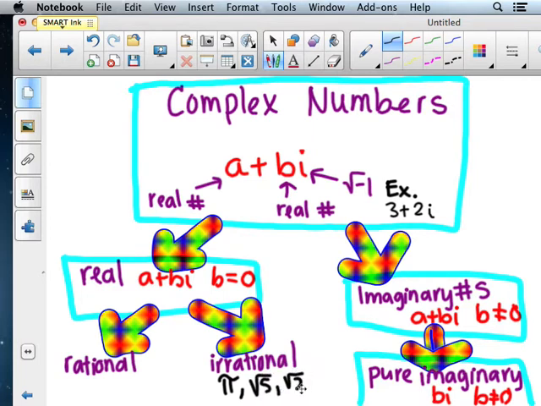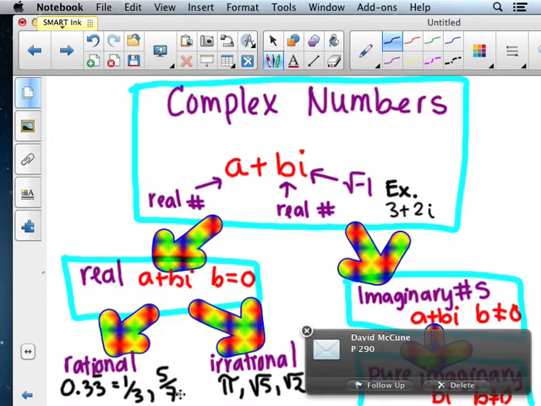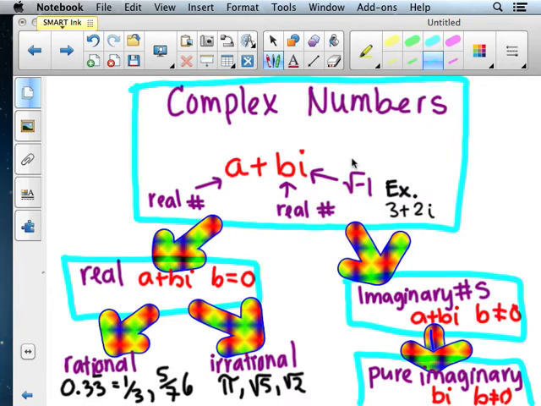The square root of 2 is also irrational. So these are examples of irrational numbers. Rational numbers are things like 0.33 repeated, because that's 1/3. You can make it into a fraction. 5/7, that's rational. 6, that's rational. So rationals and then irrationals.